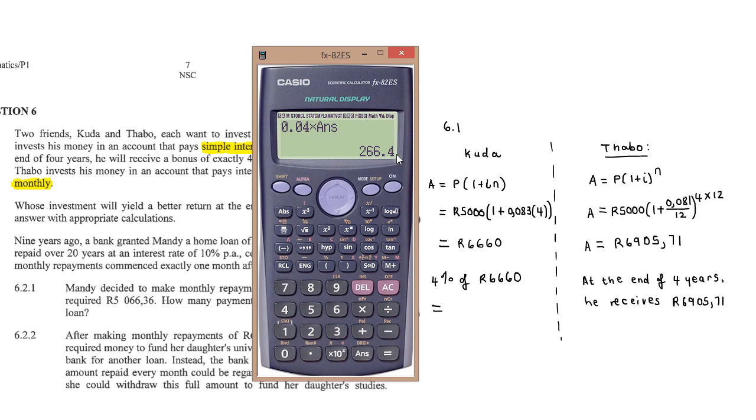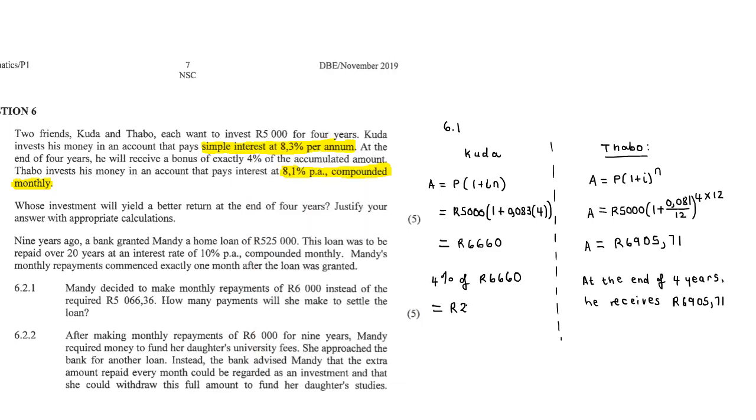So he's going to get a bonus amount of 666.40 Rand. This is his bonus amount for keeping the money in the savings account for the period of 4 years.